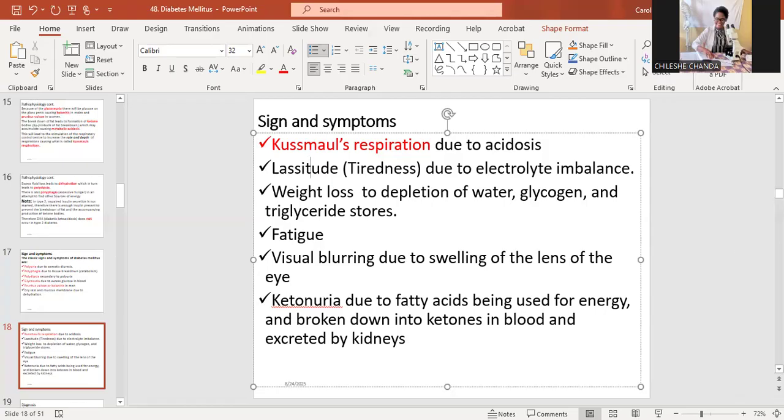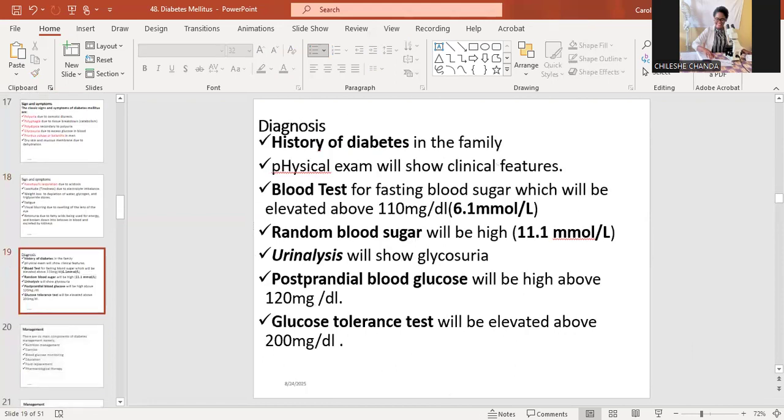The patient will have blurred vision due to swelling of the lens of the eye. The patient will have ketonuria, especially in type 1 diabetes mellitus, where there is fat breakdown, and so patients will have ketones in their urine.